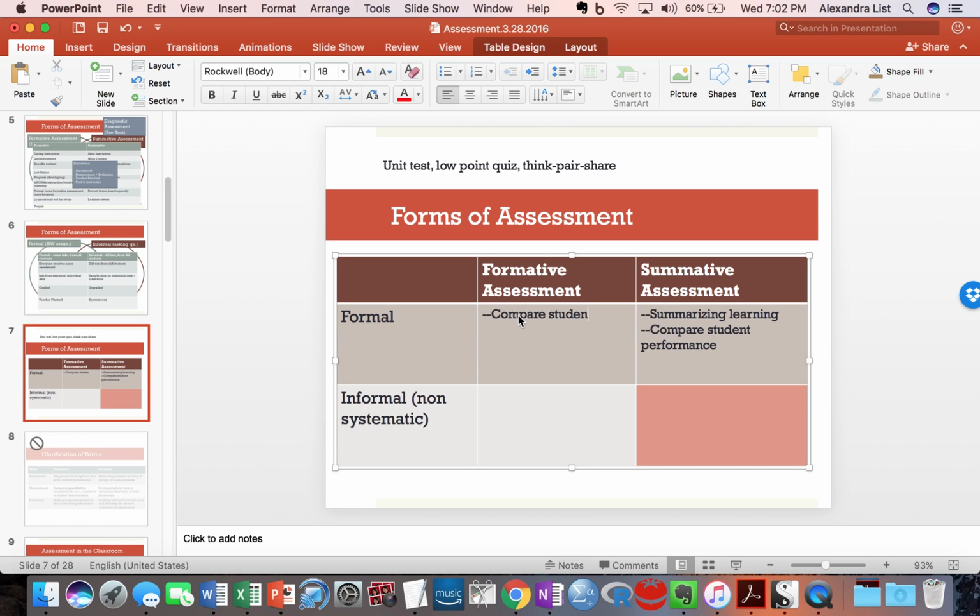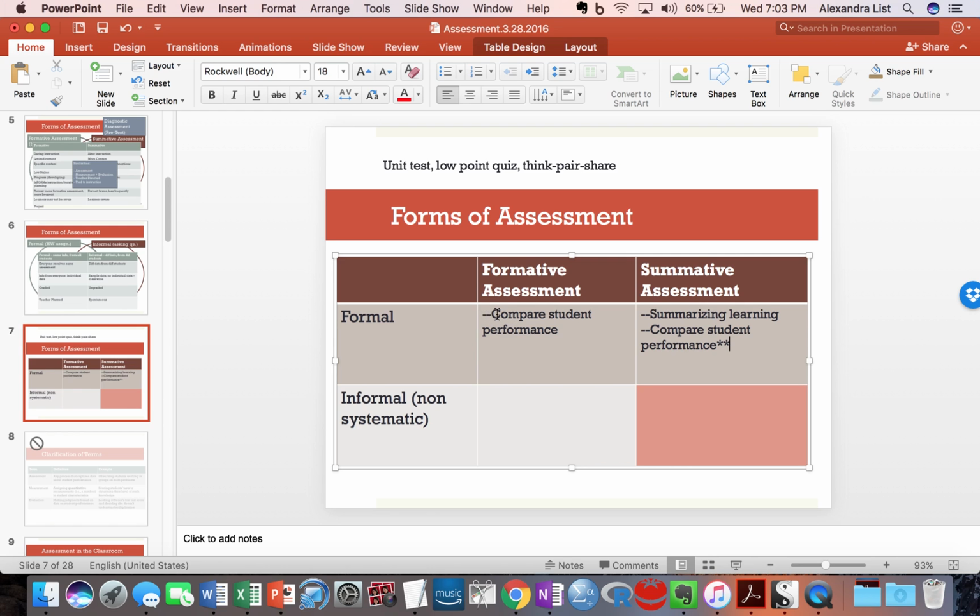If students all take a quiz or all complete a homework assignment, I can compare how they're doing. But comparison tends to not be the focus with formative assessment because students are still going to be developing skills to different extents. So really, when I want to compare student learning, I would be thinking about comparison more for summative assessment, because that's after all of the students have had an opportunity to master a unit.